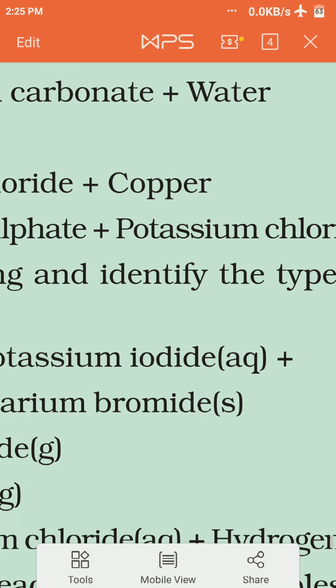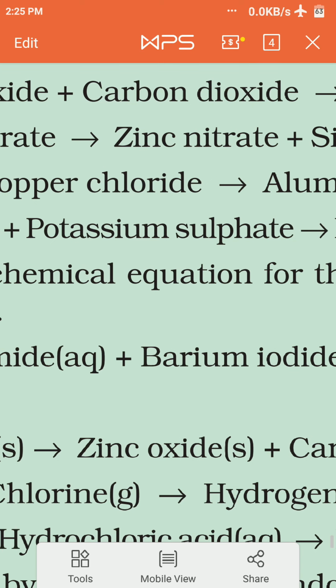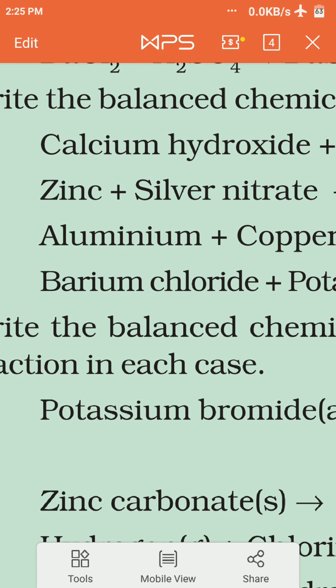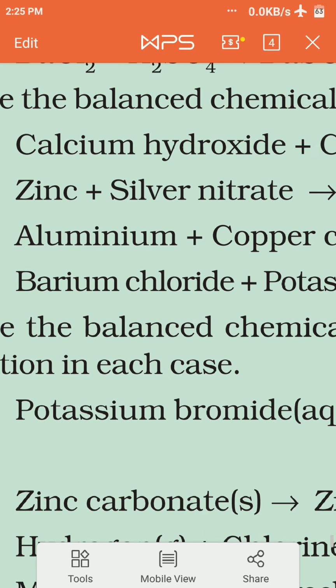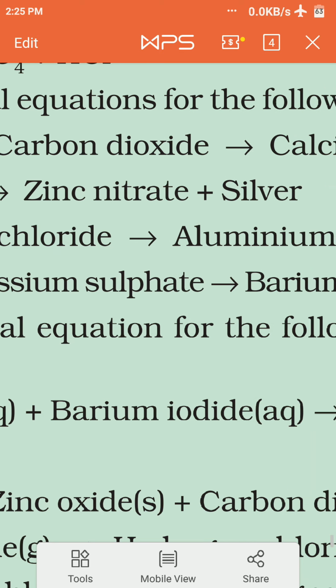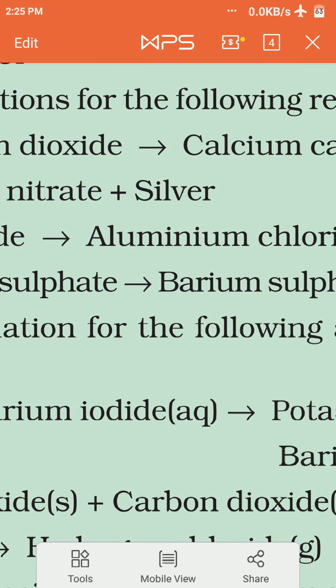Please write in your copy. D: Zn plus 2AgNO3, arrow, Zn(NO3)2 plus 2Ag. Zinc plus silver nitrate gives zinc nitrate plus silver.